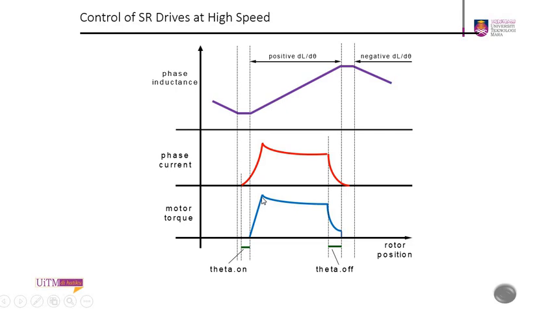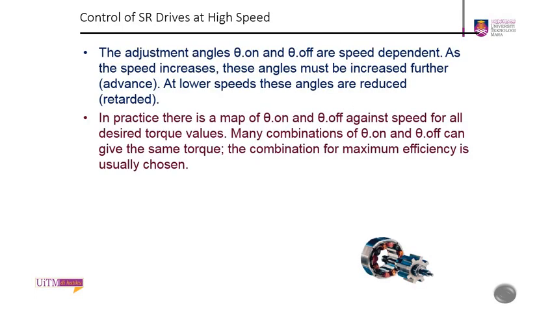But then we need to be careful of the negative dL/dθ, and the angles must be adjusted. The adjustment angles, theta on and theta off, are speed dependent. As the speed increases, this angle must be increased further, and at lower speeds these angles are reduced.